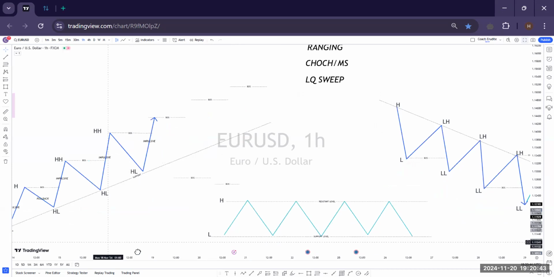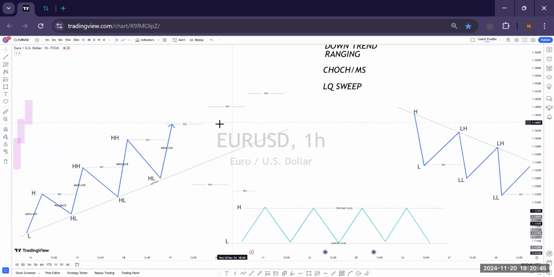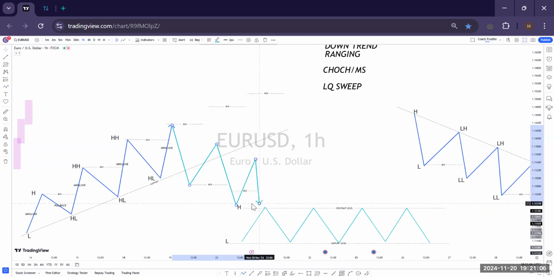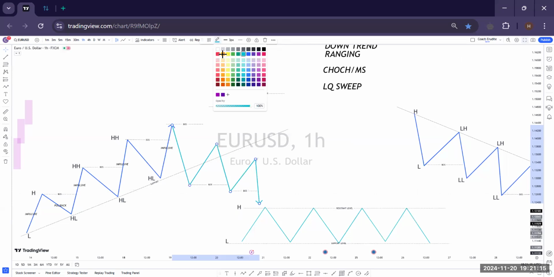Anytime price is moving in its original direction, and you see this, I'm changing this color to yellow or orange.